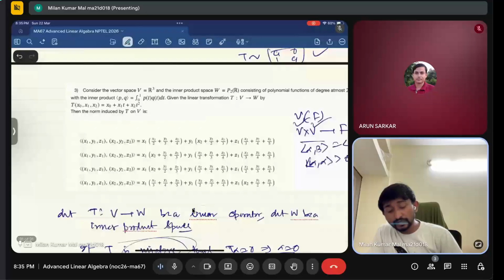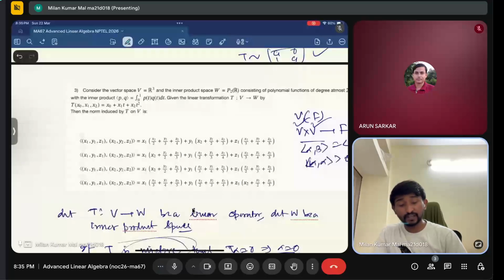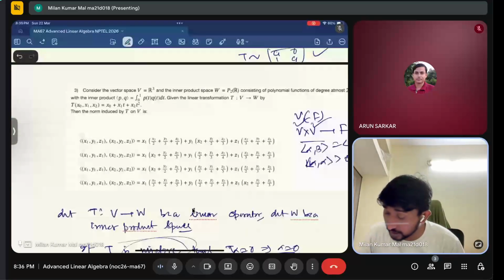Now let T be a linear operator from R3 over R to P2 over R, given by sending any element alpha 1, alpha 2, alpha 3 to alpha 1 plus alpha 2 x plus alpha 3 x square. Let me check that I'm writing this correctly.